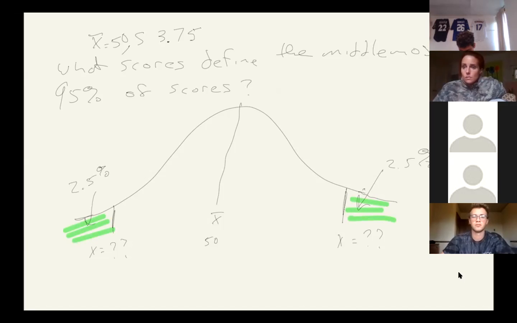Don't forget, you have to figure out what you want and figure out what tools you have to get there, between the table and the formula. What we really want is x, and we know how to find x. It's x equals z times the standard deviation plus the mean, which means x equals z times 3.75 plus the mean.